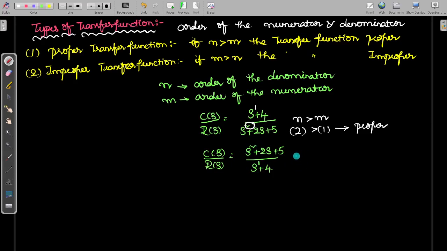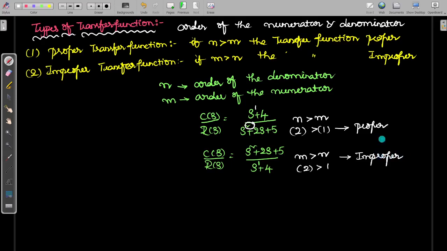So the case will be m is greater than n, where m is 2, which is greater than 1. This is called the improper transfer function. These are the two types of transfer functions in the control system, proper transfer function and improper transfer function.